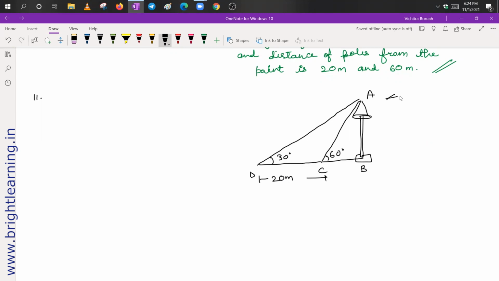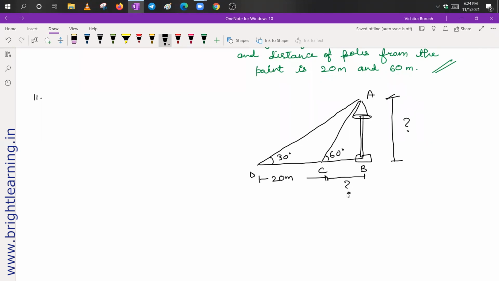Okay, so we have to find the height of this tower, and also we have to find the width of the canal. So this is the canal, that is BC. BC is the canal. So this distance we also have to find.